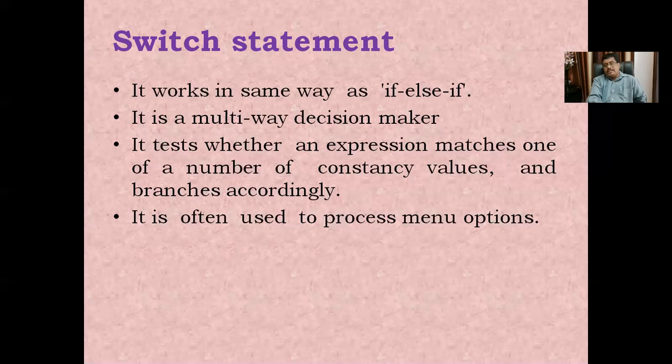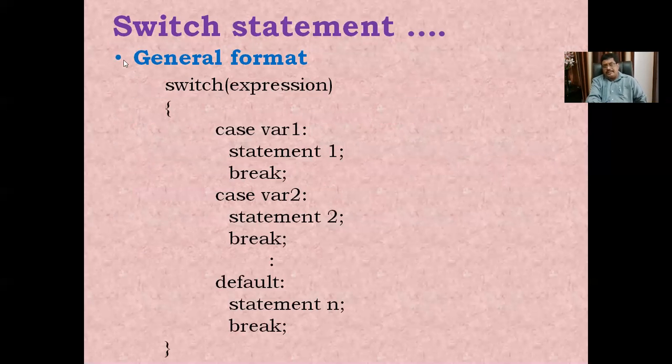Okay, we'll see now the syntax of the switch statement. We use the switch keyword. Within parentheses, we specify the expression or a variable name. Based on that result, if the value is 1, it executes this group of statements.